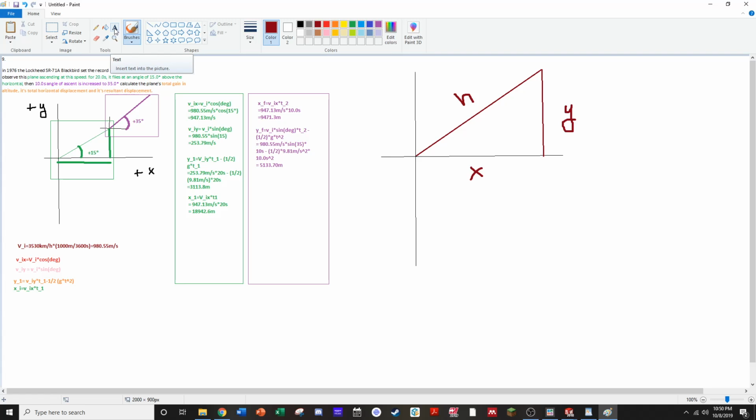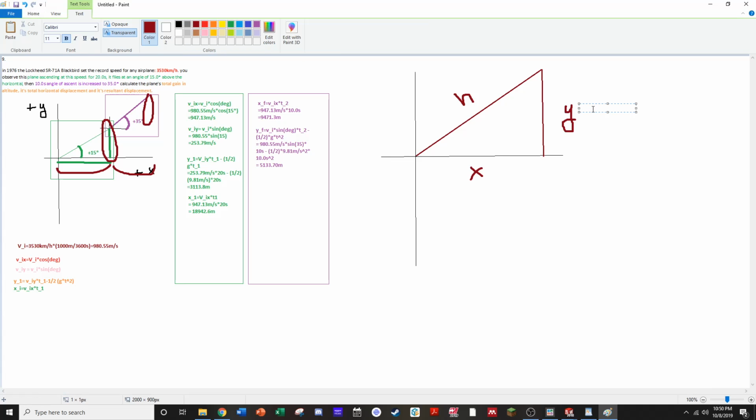Now, something fun that we can do, because this is almost a completely straight line, is that we've actually found this y direction in two parts, and we found the x direction in two parts. So we can actually just add those together. So y total equals y sub 1 plus y sub final.